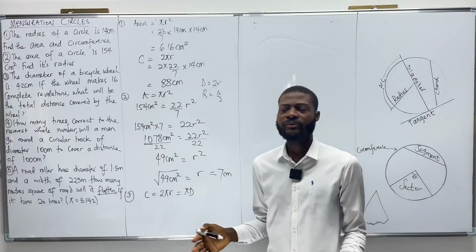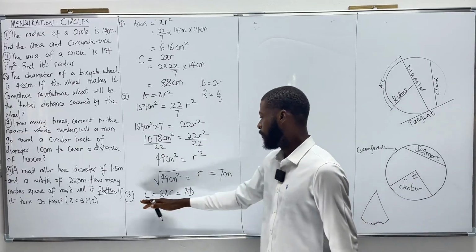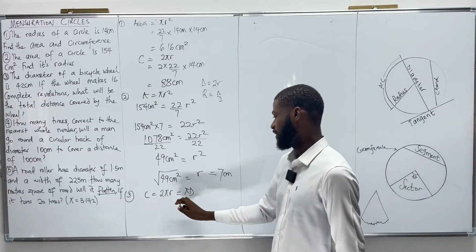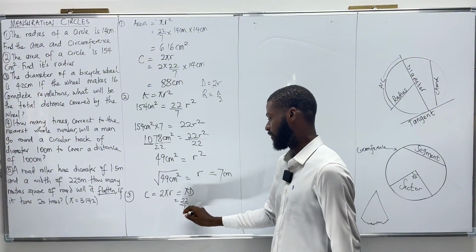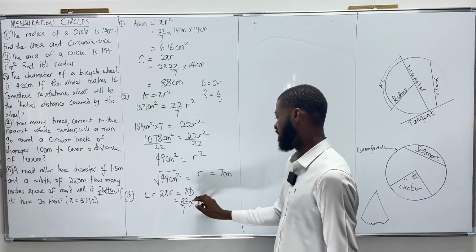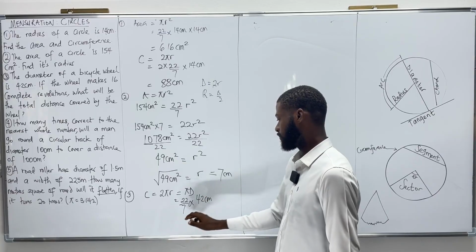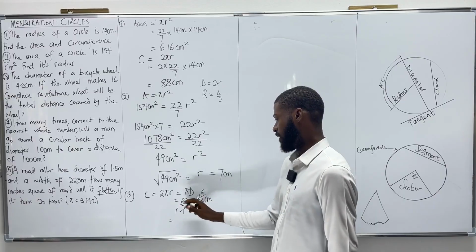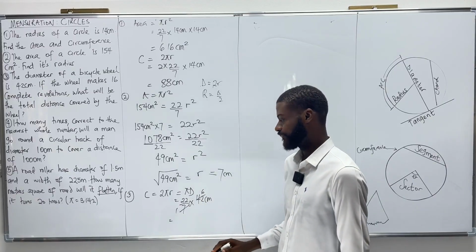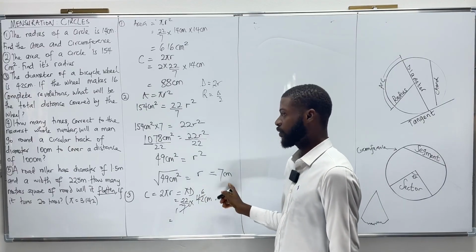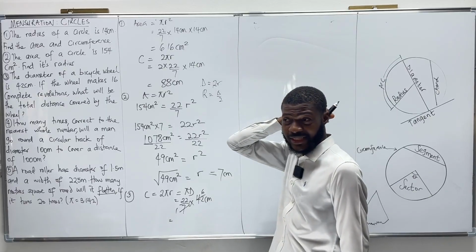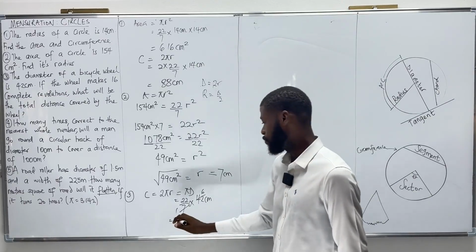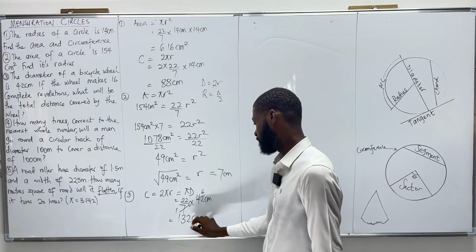But circumference is equal to what? Pi d. So this will be 22/7 times the diameter, 42 centimeters. This here is 1, this into this is 6. If we double that, I think we should be getting around 132. But I'm going to check this with a calculator.